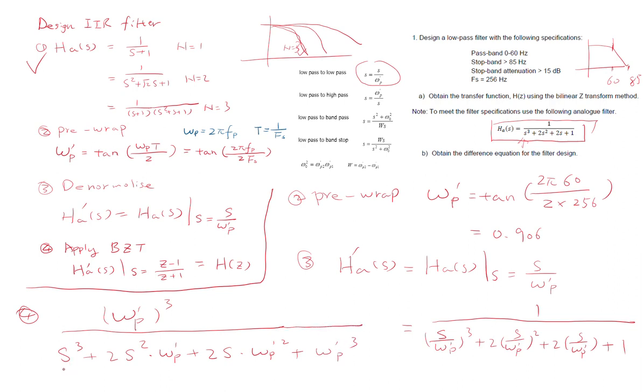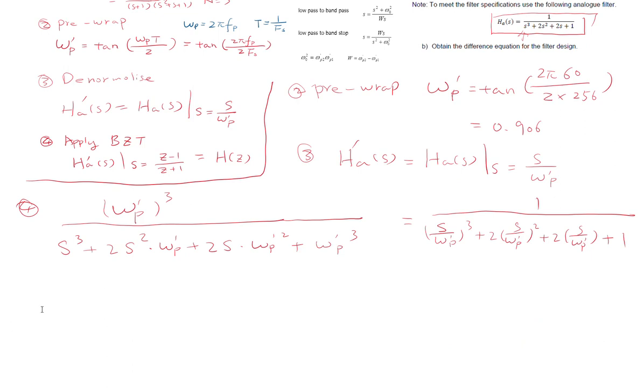Then what we need to do is plug in s equals z minus 1 over z plus 1. So the last step is H z, plug these in, the omega p hat cubic on the top, and the bottom is plus 1 z plus 1.